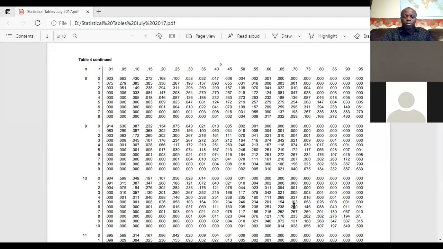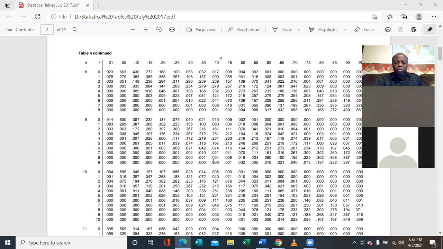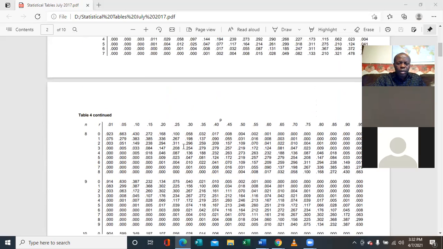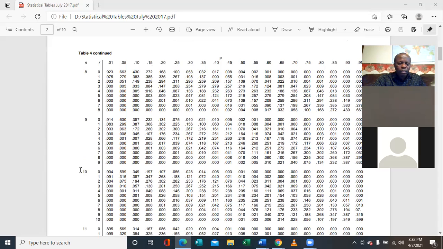So, we're looking for the probability of at most 3. At most 3 will be, this is 3 right here. This is 10, and this is 3, and P is 0.4. So you go all the way from P all the way down to 3.